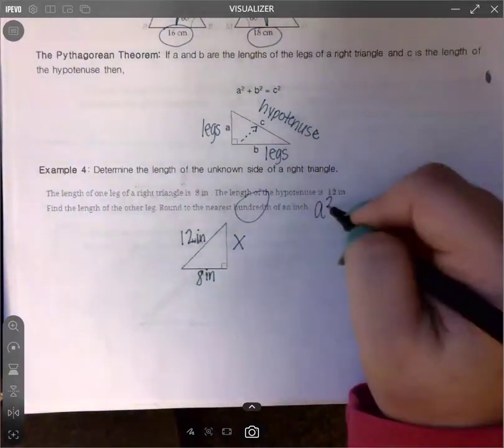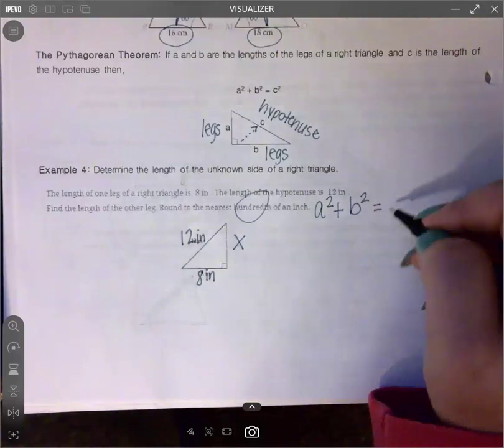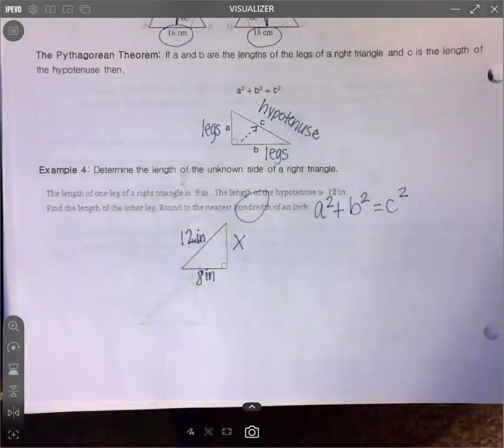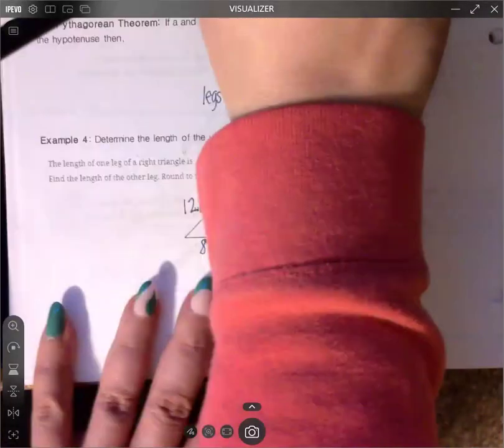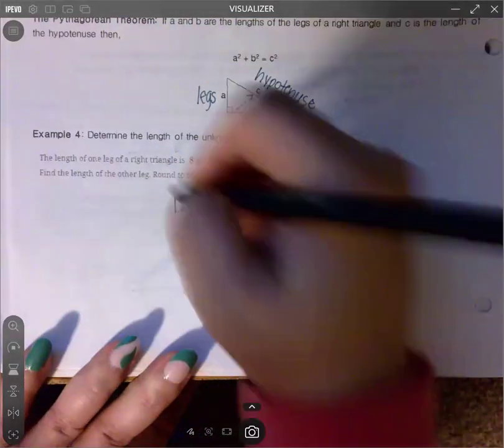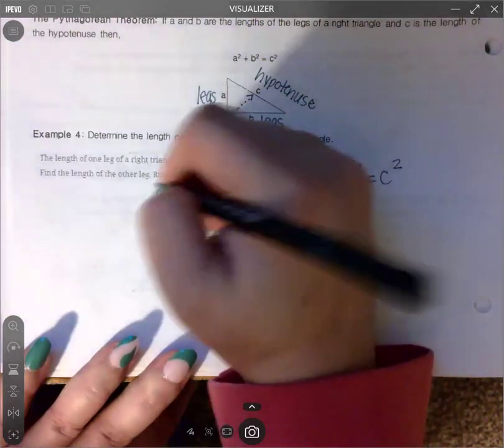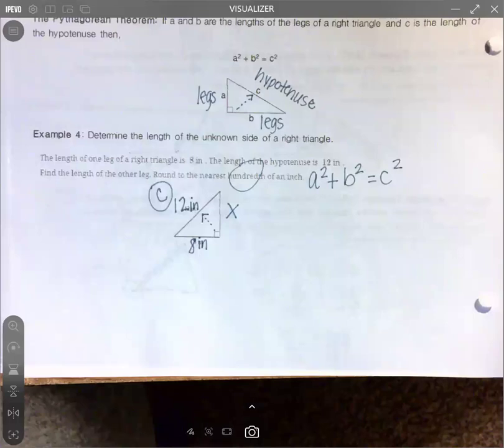So again, a squared plus b squared equals c squared. And c has to be the hypotenuse, which is the side across from the right angle.